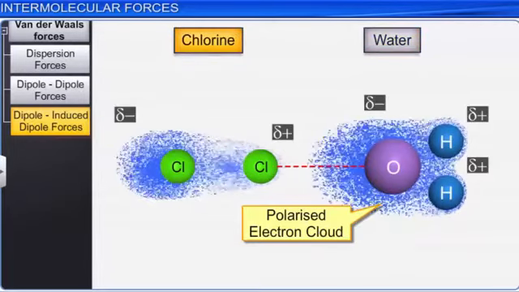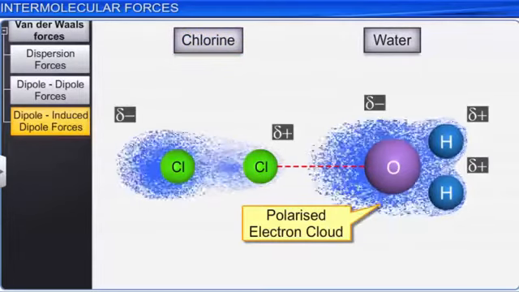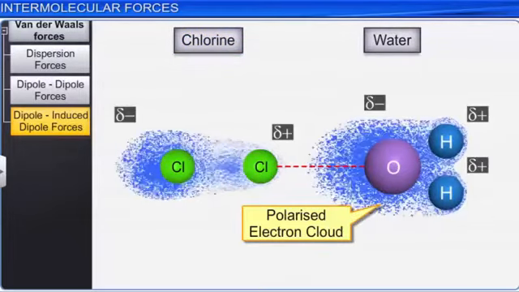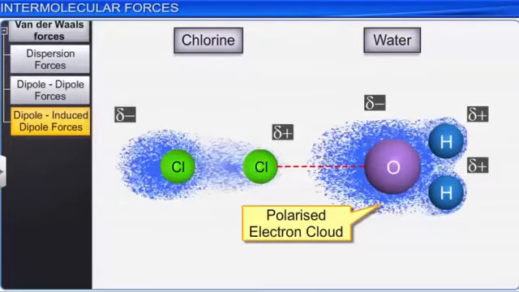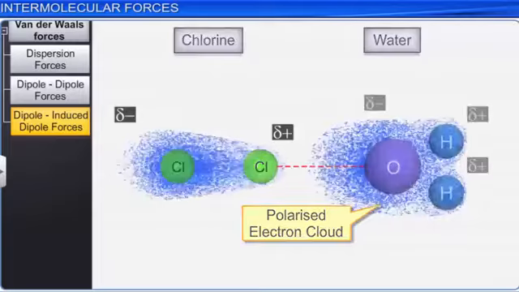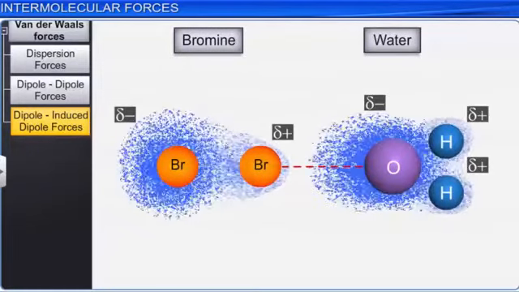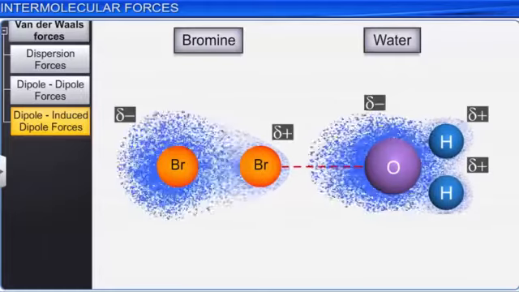The induced dipole moment depends upon the dipole moment present in the permanent dipole and the polarizability of the nonpolar molecule. Larger the size of the nonpolar molecule, higher is the polarizability, and hence greater is the strength of the attractive interactions.